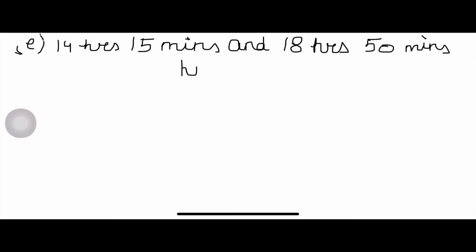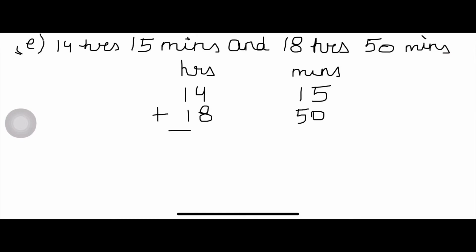Just write hours and minutes. Now first is 14 hours 15 minutes plus 18 hours 50 minutes. Now add: 5 plus 0 is 5, 1 plus 5 is 6, so 65 minutes. 4 plus 8 is 12, write 2, 1 carry.